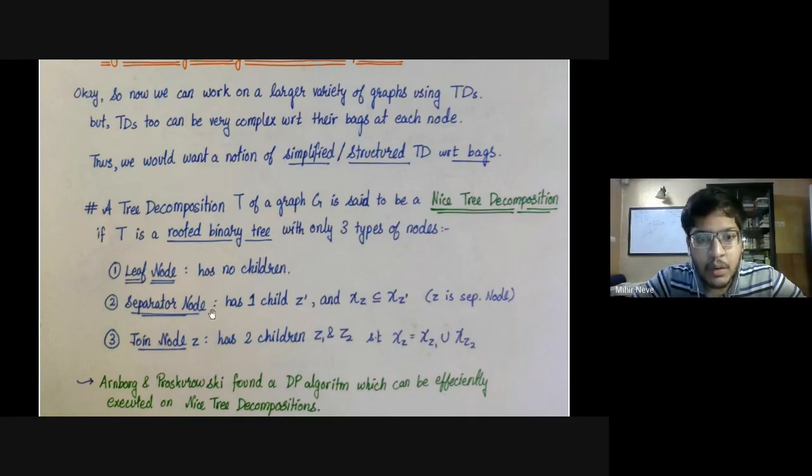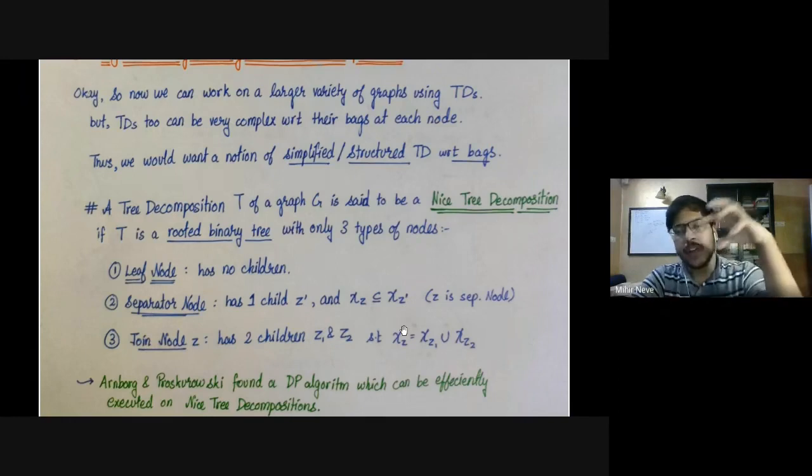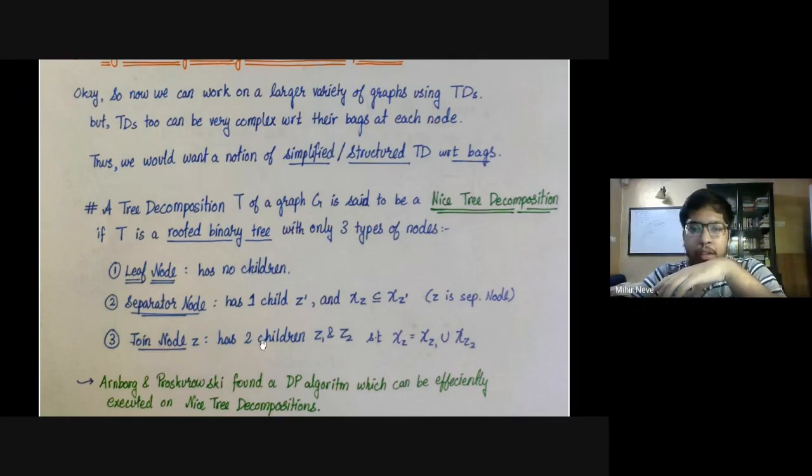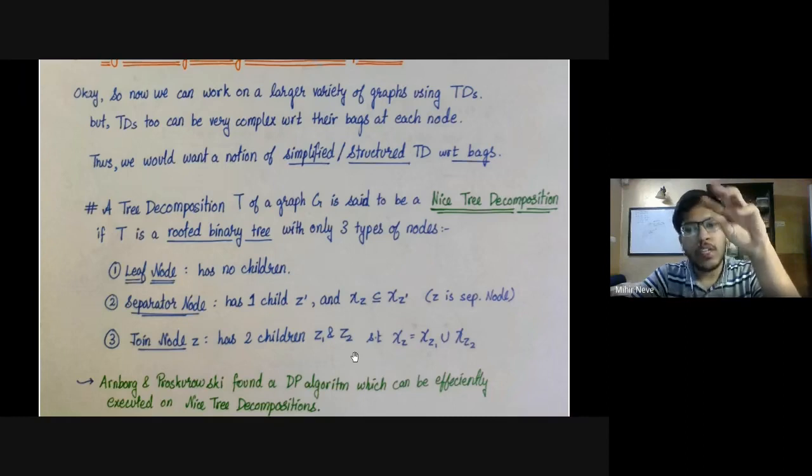A separator node is something which has one child, and the bag of a separator node is a subset of its child's bag. And the join node has two children, z1 and z2, such that the bag of this join node is the union of the bags of z1 and z2.